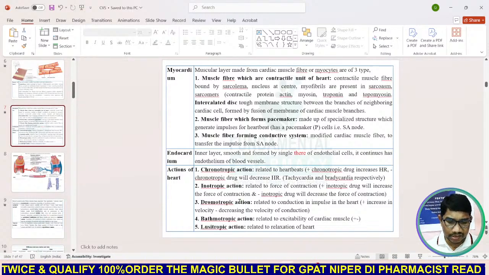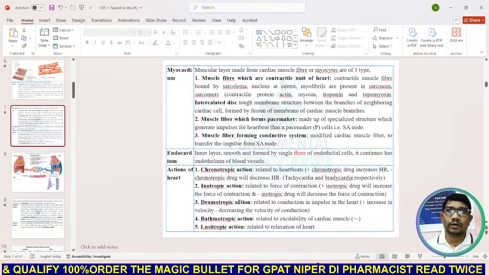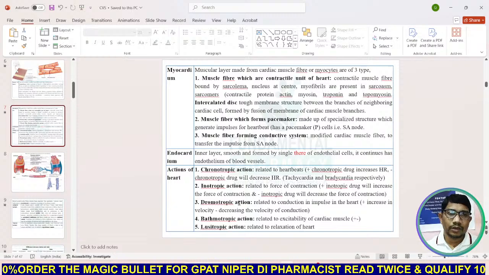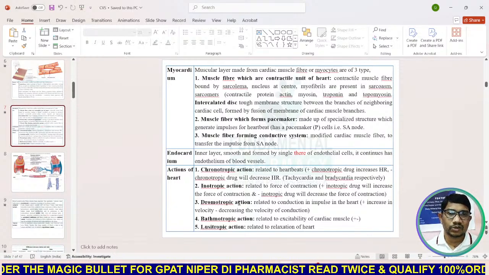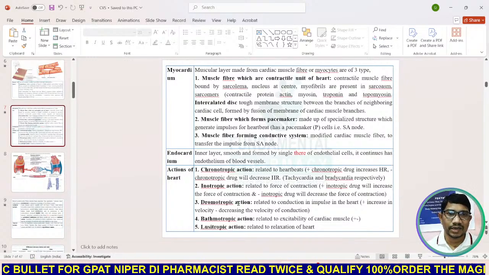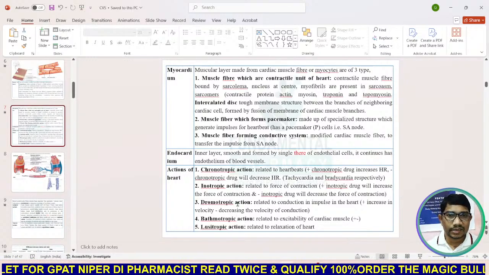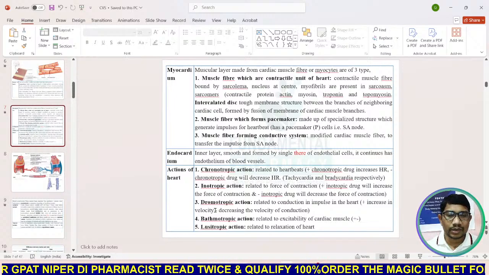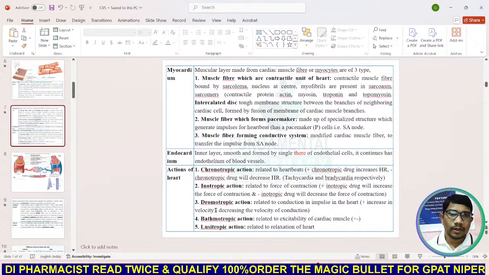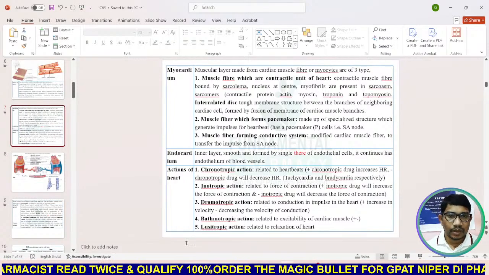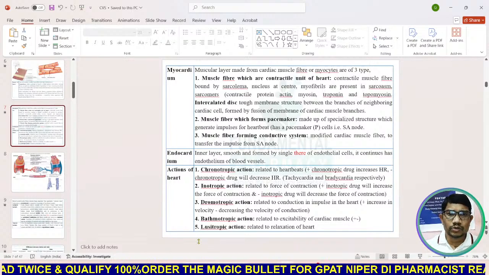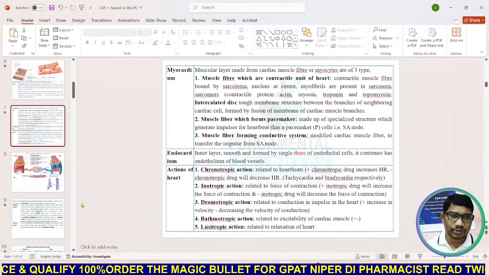A drug which increases the conduction across the conduction system of the heart is a positive dromotropic, and those which depress the conduction are negative dromotropic. For example, antiarrhythmic drugs decrease the conduction of the heart, so they are negative dromotropic. Bathmotropic is related with the excitability of cardiac muscle, and lusitropic means the relaxation function of the heart.